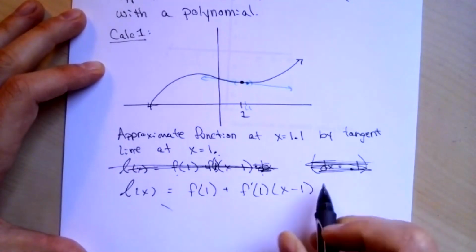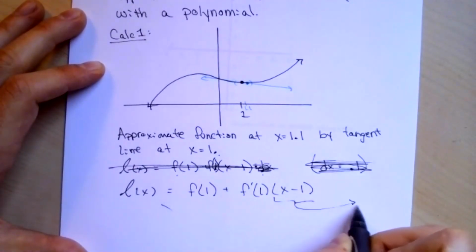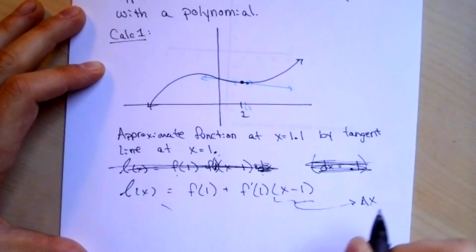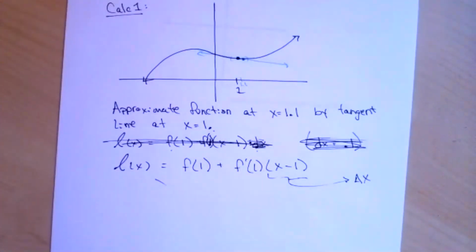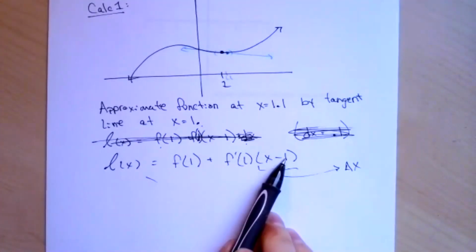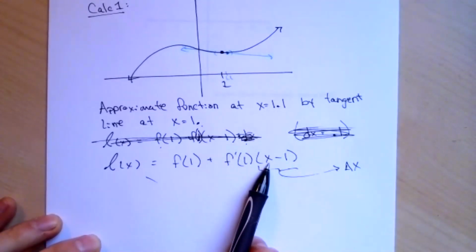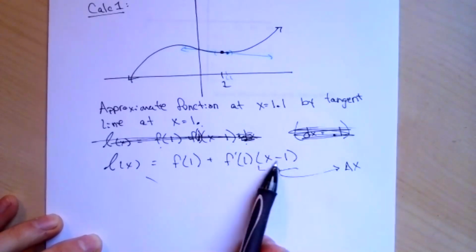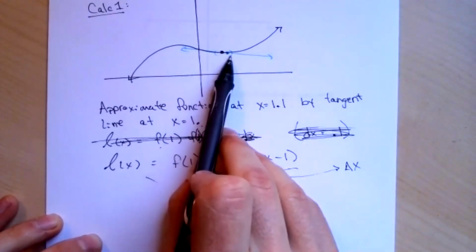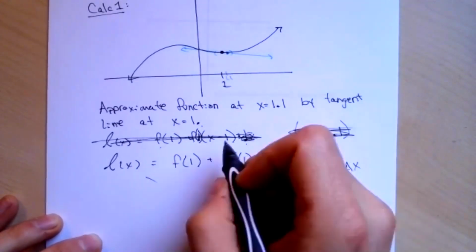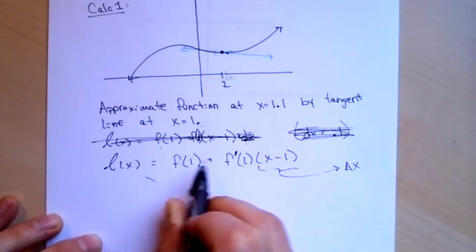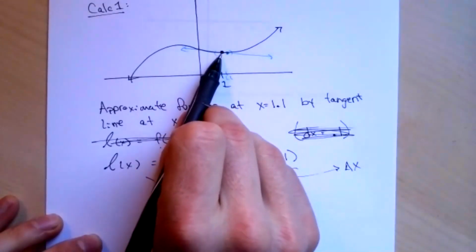Should have had this formula, where this we kind of consider as our delta x from our base point. So if our base point is 1 and we plug in 1.1 for x, that would give us our delta x, our change from that point, times our f prime of x gives us the slope, and then f of 1 gives us the starting point.